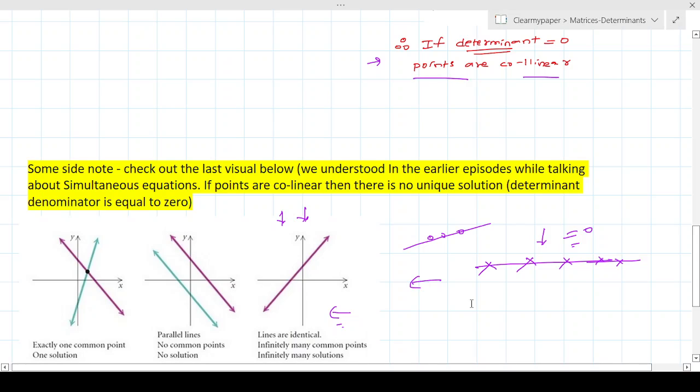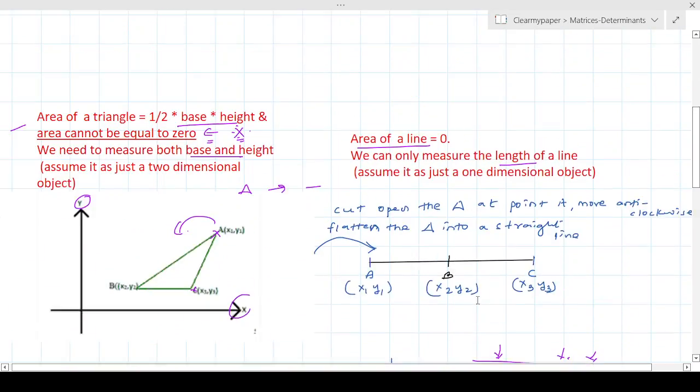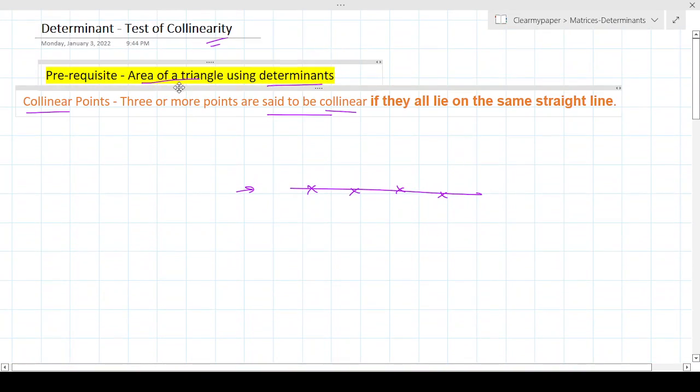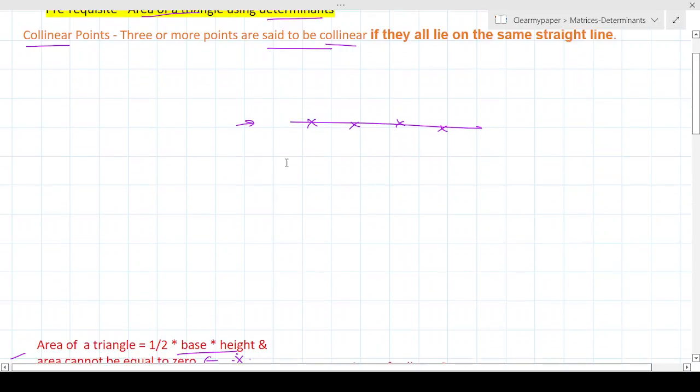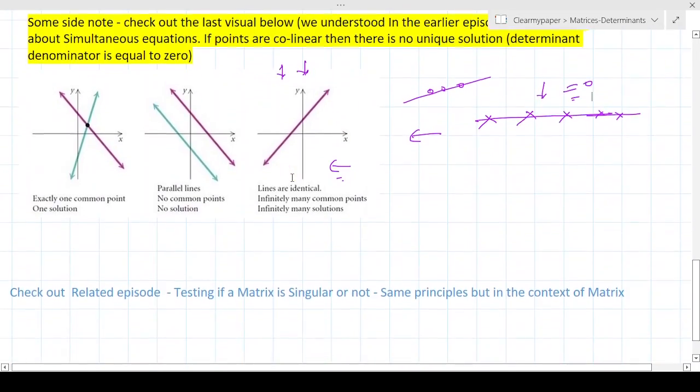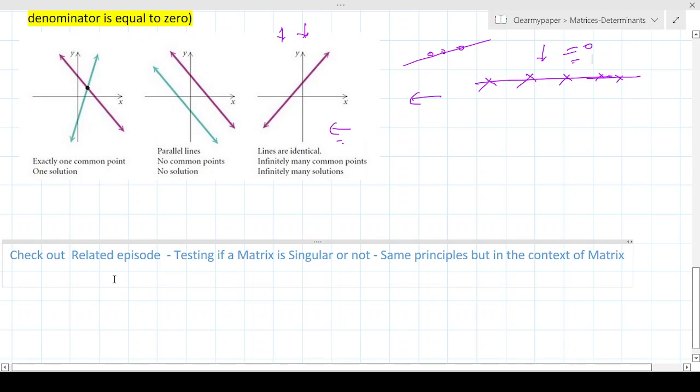So that's a quick wrap up on this video, guys, on testing if the points are collinear or not, basically to find if the determinant is 0 or not. As a related episode, we can also check out another video where we'll be testing if the matrix is singular or not.